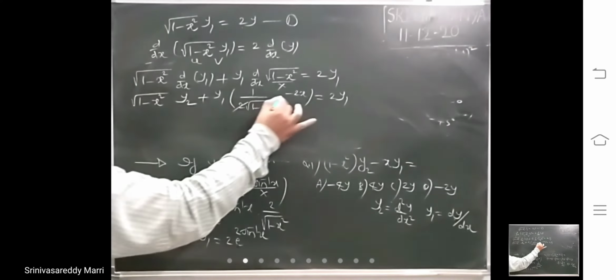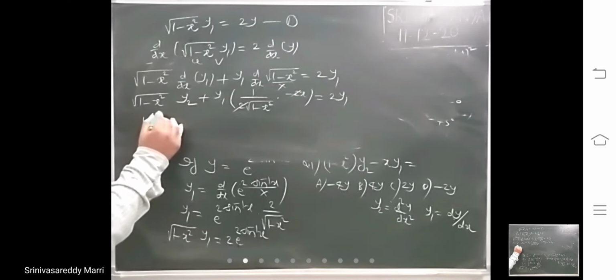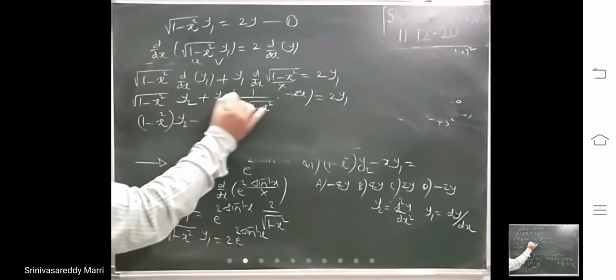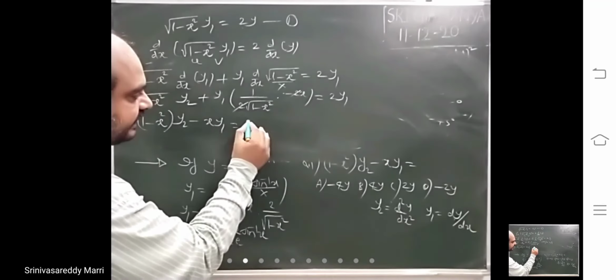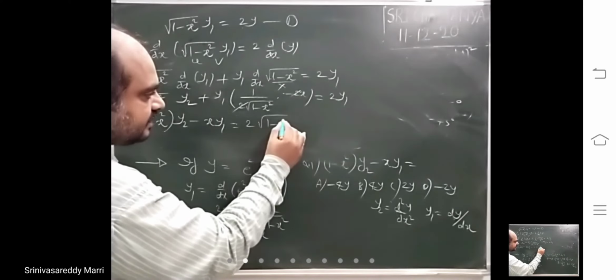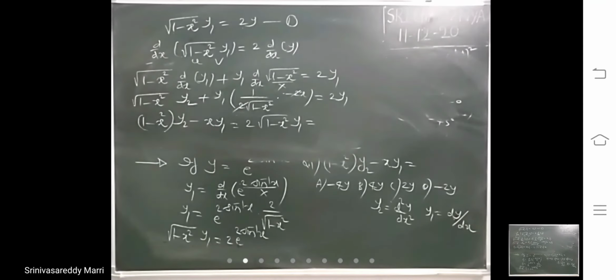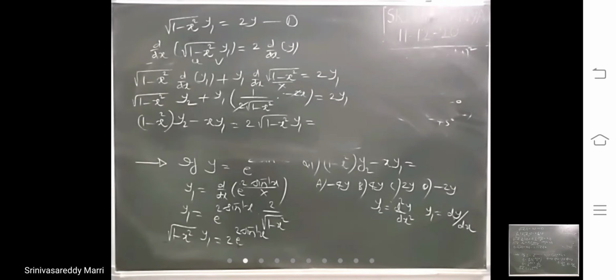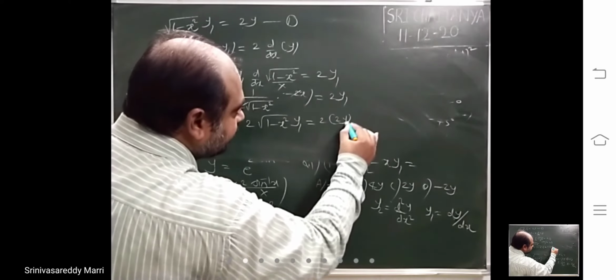Now 2 cancels. Take the LCM root of 1 minus x square: 1 minus x square into y2, minus xy1, with the root of 1 minus x square moved to that side, equals root of 1 minus x square into y1. Now from equation 1, root of 1 minus x square into y1 is 2 into 2y.